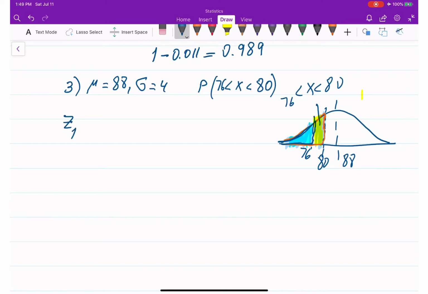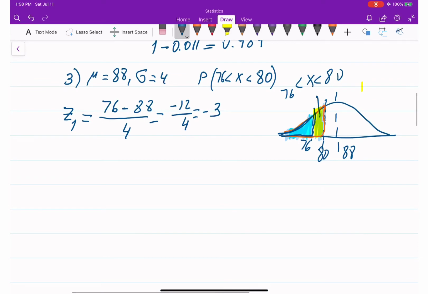Z1 for 76 is equal to x, which is 76, minus mu, which is 88, divided by 4. Okay, 76 minus 88 is negative 12, and divided by 4, it's going to be negative 3.